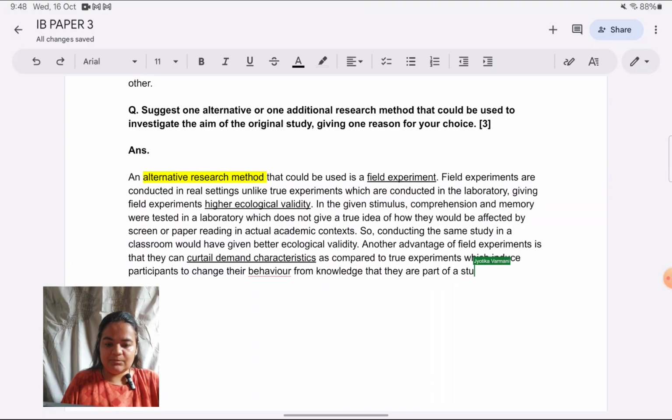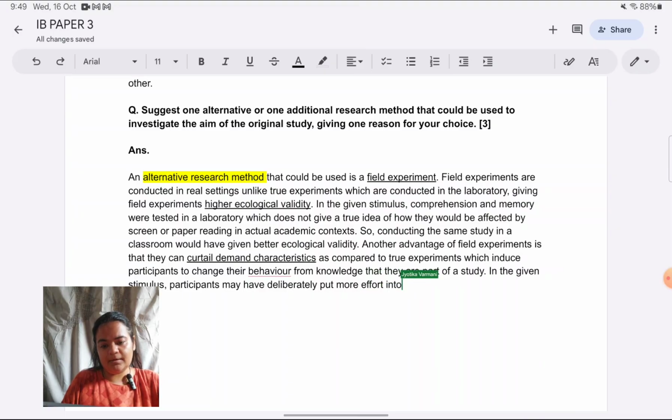In the given stimulus, participants may have deliberately put more effort into comprehending and recalling the given material as they knew they were in an experiment.